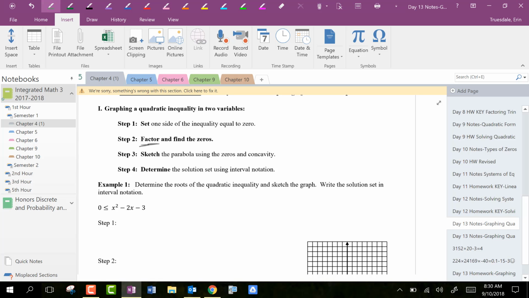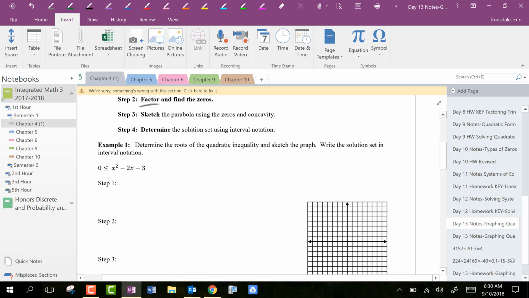Okay, so first step would be to set everything equal to 0. Everything is on one side in here, so we can write it as x squared minus 2x minus 3 equals 0. We're going to take out that inequality sign for right now. Step 2 would be to factor this.